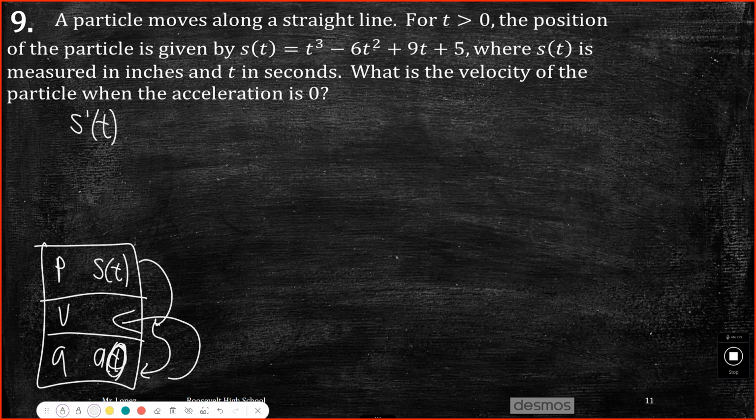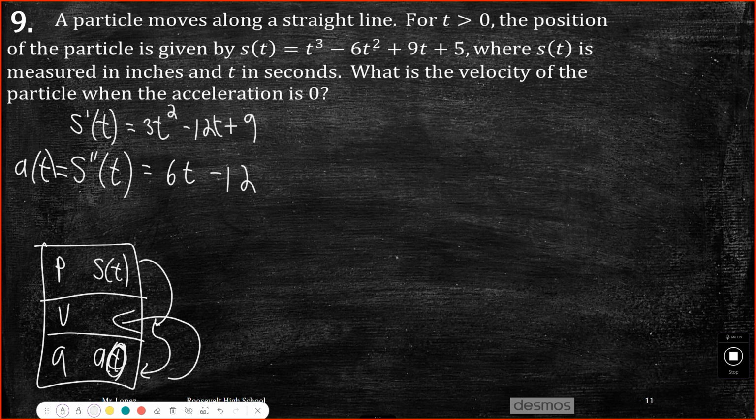S prime of t, S double prime of t. So this is acceleration. And you want to know when is the acceleration equal to 0? Which is going to be what? T equals. And then you've got to go back to the velocity function and find the velocity.